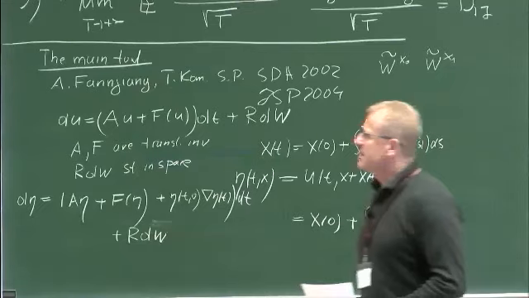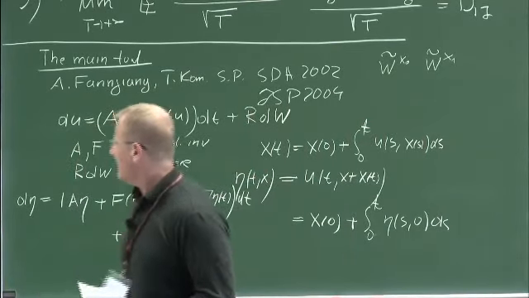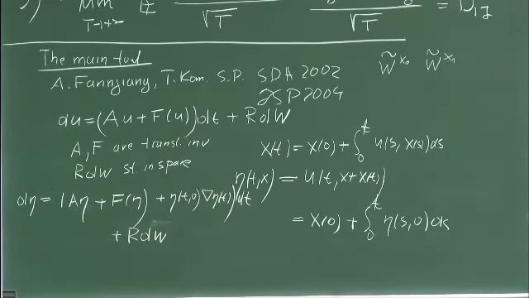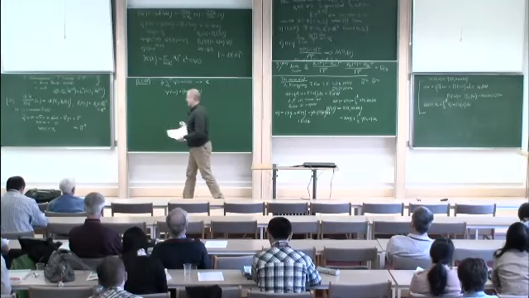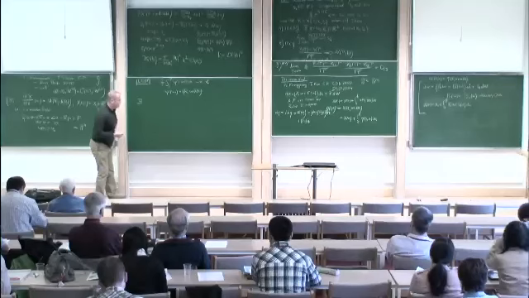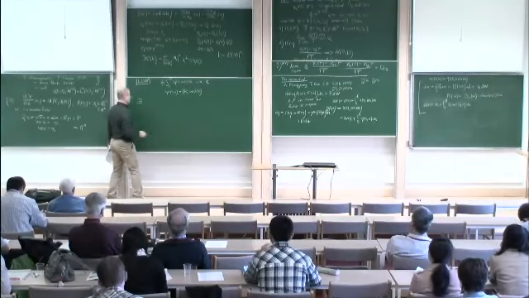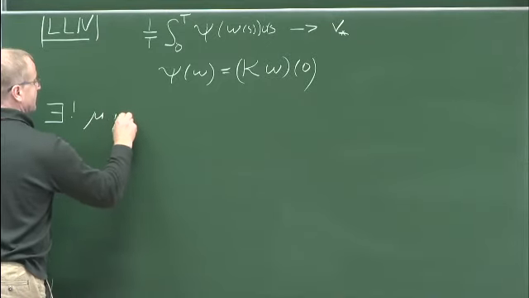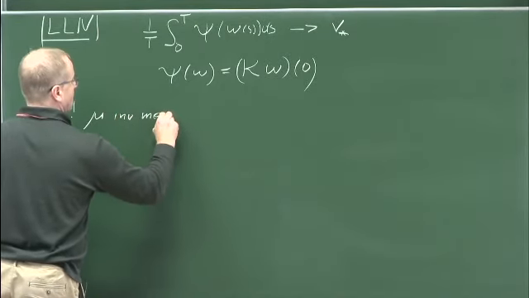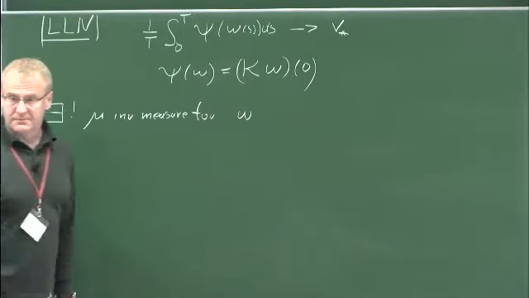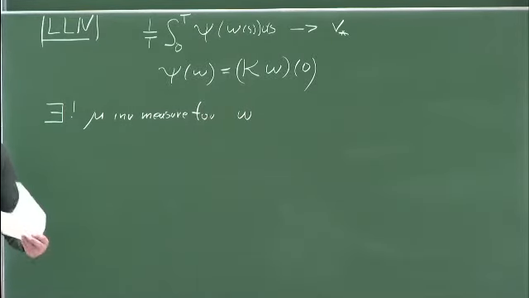What we can suspect is that we have something about the uniqueness of the invariant measure. That's probably what we can prove. To have this, we need that there is a unique invariant measure mu for omega, and we need some stability.